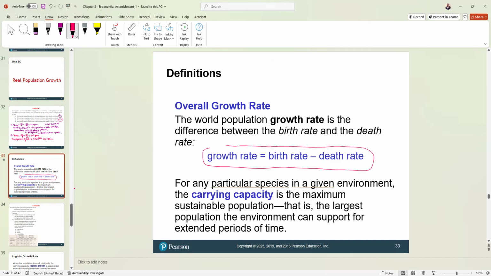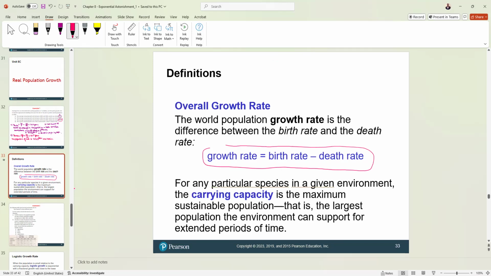So for us, what's very important here, I think we covered it in unit 8A. Exponential growth cannot continue indefinitely because human population cannot continue to grow much longer at its current rate, otherwise we would be elbow to elbow over the entire earth in just a few centuries.